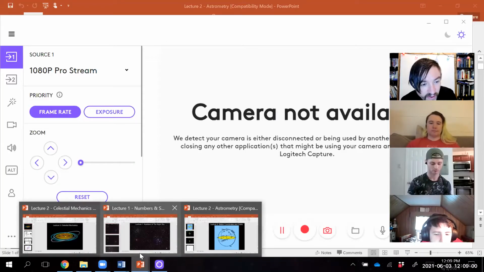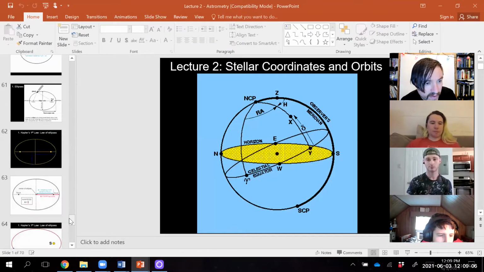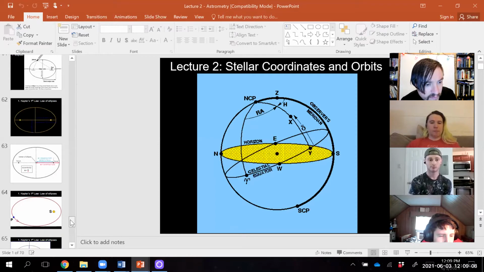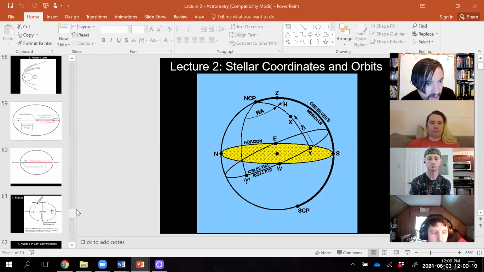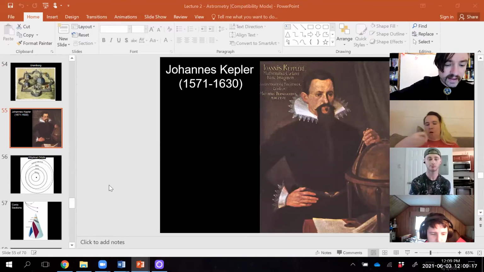Okay, so in our last class, we learned that a famous German astronomer and mathematician named Johannes Kepler had derived several laws that correctly described the orbits of planets in a Copernican solar system.